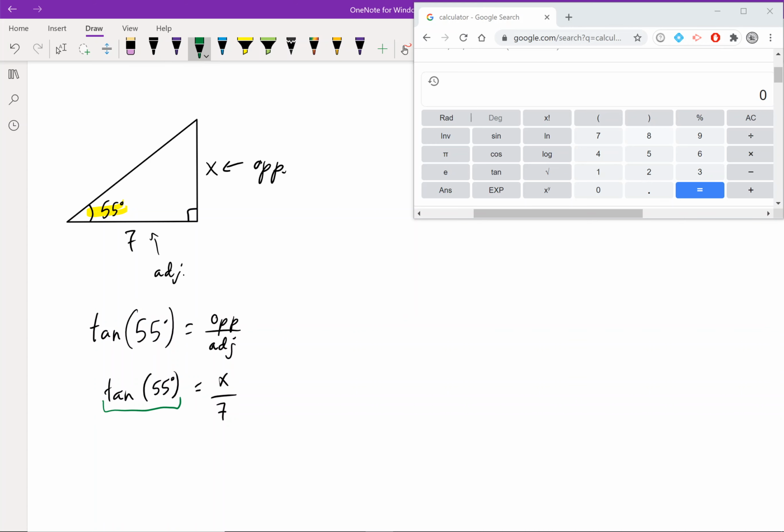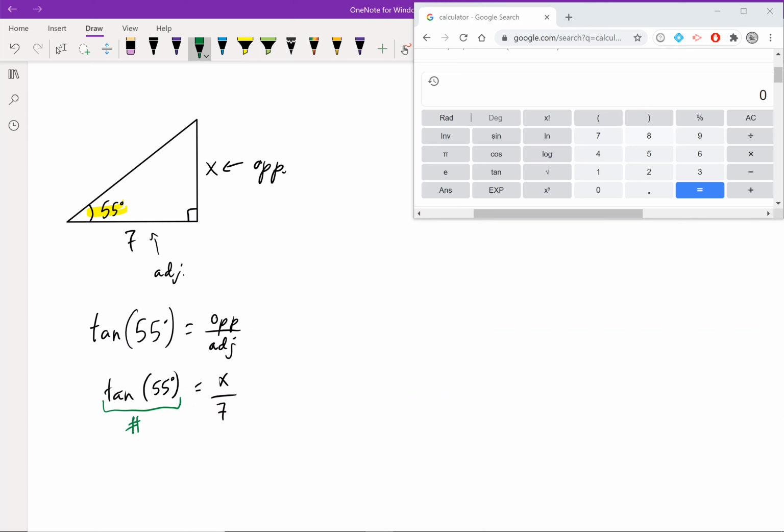Okay, this is where your handy-dandy calculator comes in, because tangent of 55 degrees, although it's a big mess of symbols, this is really just some number. Because like we said in the last video, or I think it was 2 videos ago, the actual size of the triangle doesn't matter because the two side lengths are going to maintain the same ratio.